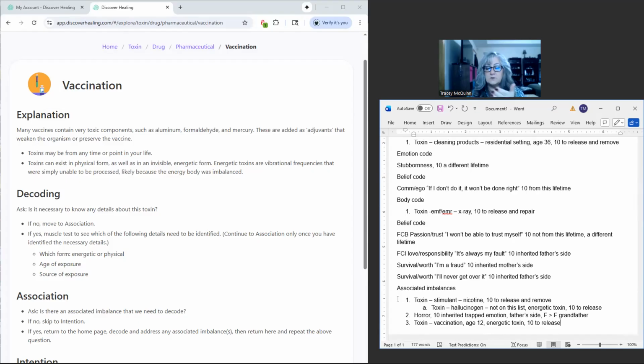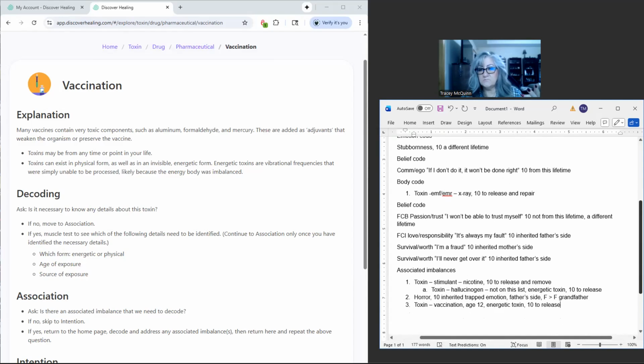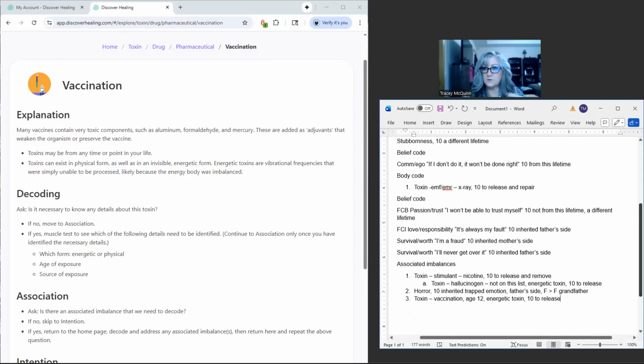So 1, 2, 3, 4, 5, 6, 7, 8, 9, 10. Okay, did he release that successfully? Will he need physical assistance removing that? No, okay. Sometimes you do, and in that case, there may be physical detox supplements or treatments or whatever is called for, but in this case, no.